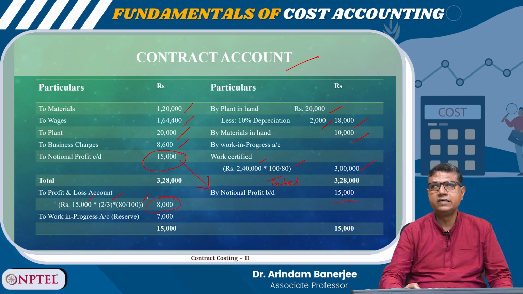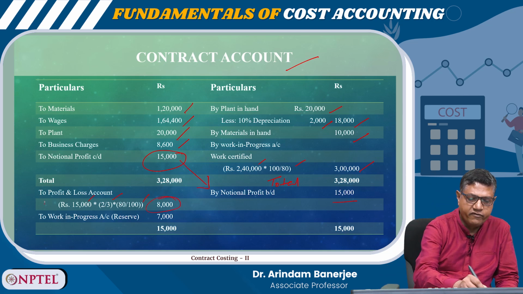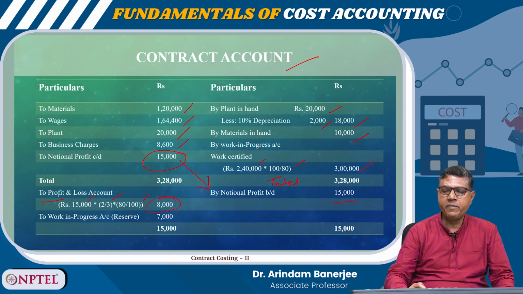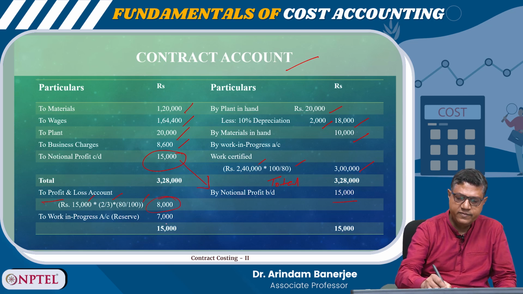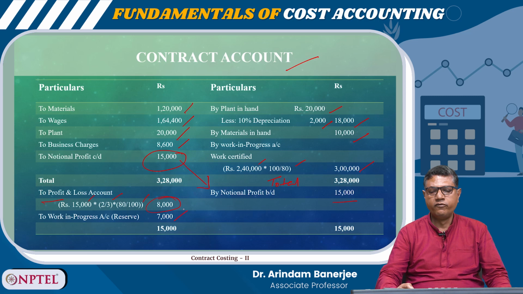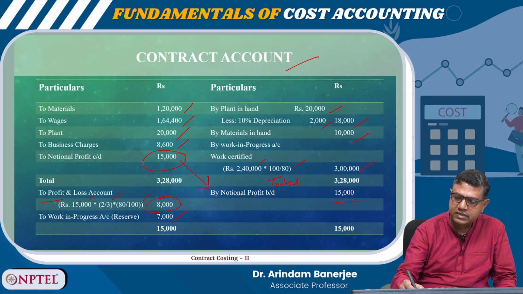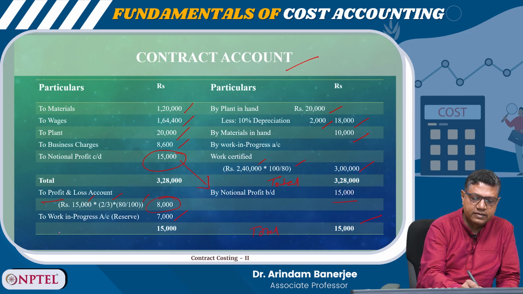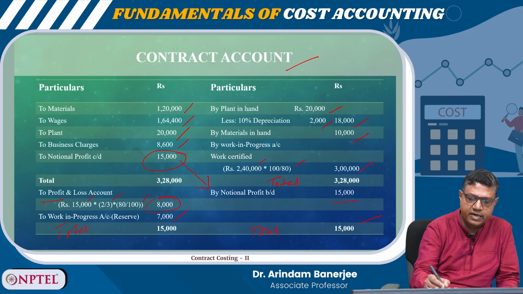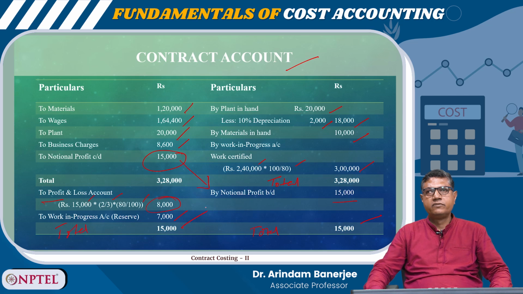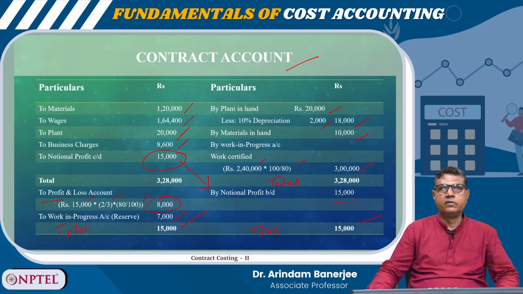So, 8,000 is getting transferred to the profit and loss account, and the balance, the reserve, the 7,000, is going to work in progress. The total this side again is coming 15,000, and this side the total is coming at 15,000. Fine. So, this is my problem.